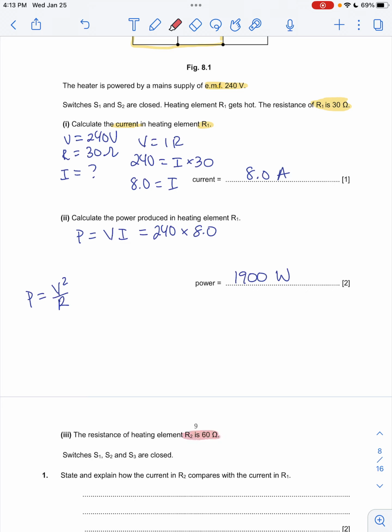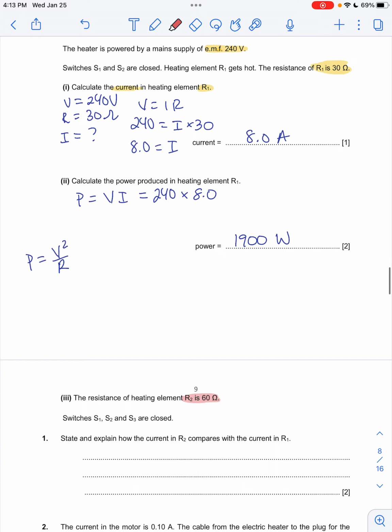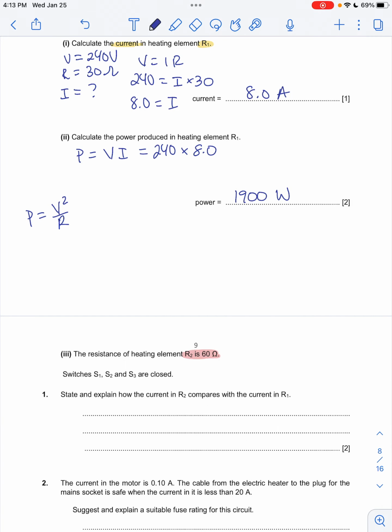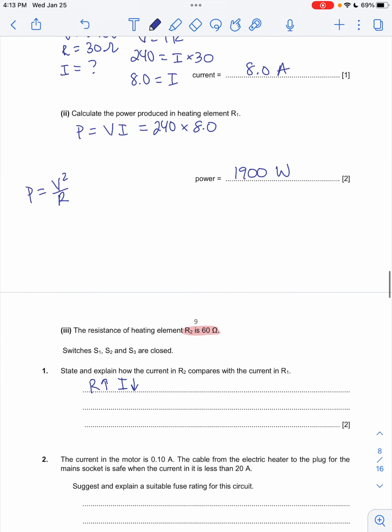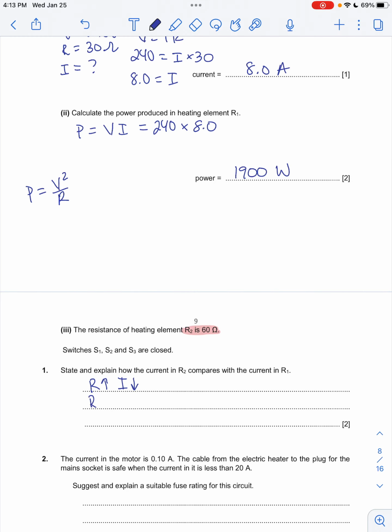In fact, it's not just different, it's much larger, by a factor of 2. So resistance and current are inversely proportional because resistance makes it harder for current to pass through, so less current will. However, it's a linear proportionality based on Ohm's law, so if my resistance is 2 times bigger, then my current is going to be 2 times smaller.